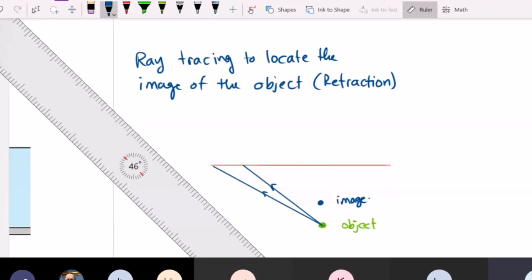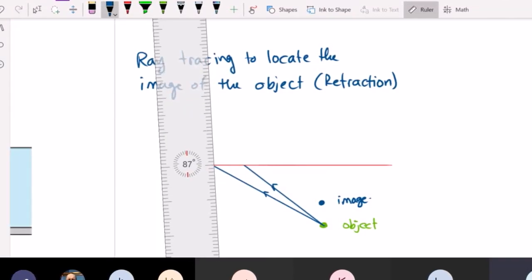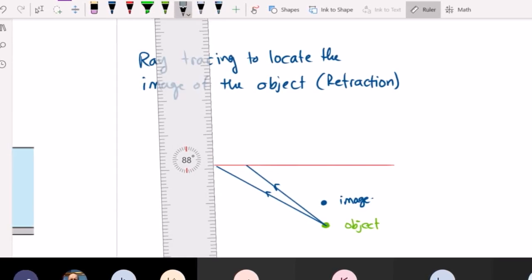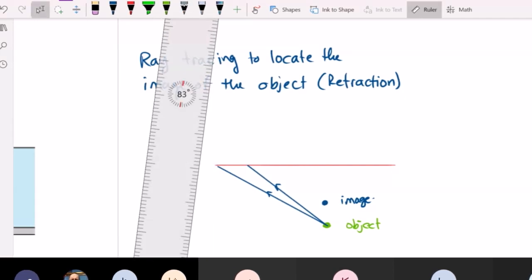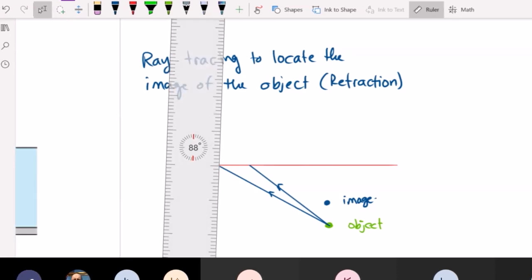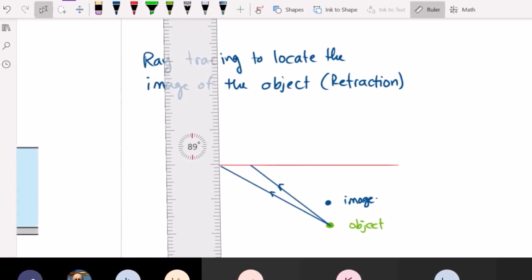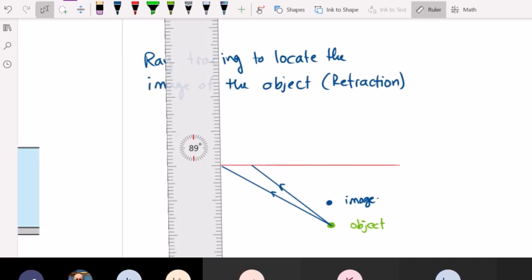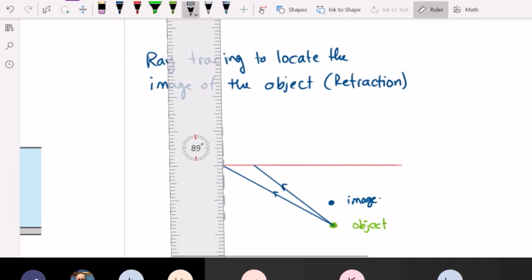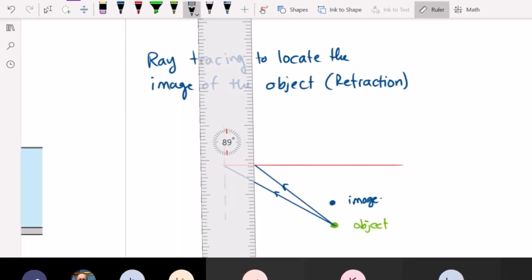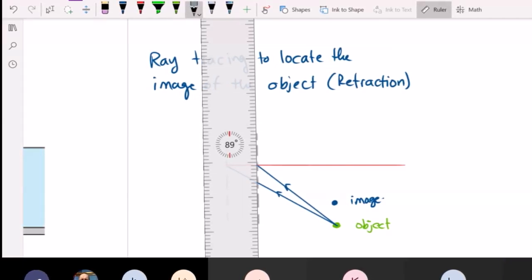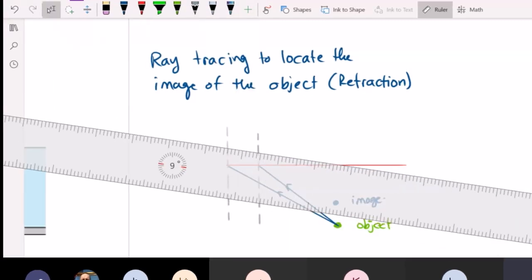Then the next step, I have to draw a normal to the surface. This is a normal. I will draw it using a pencil. This is a normal. Okay. Now I have to draw the refracted rays.